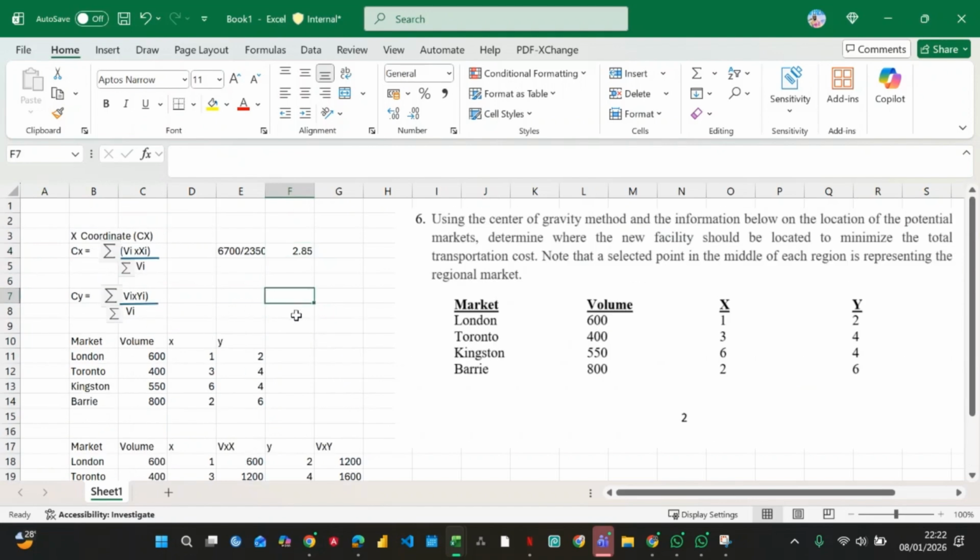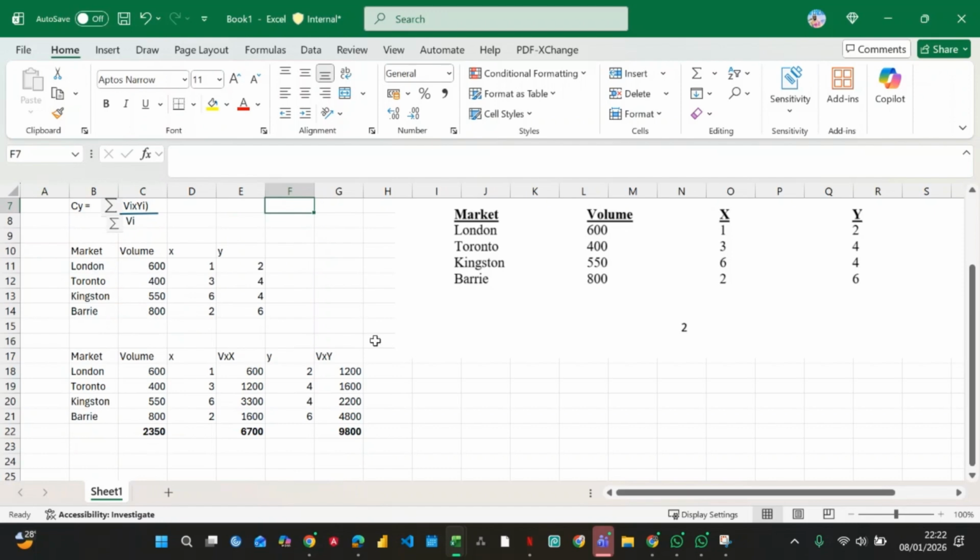So for the y, we are going to do the same thing.